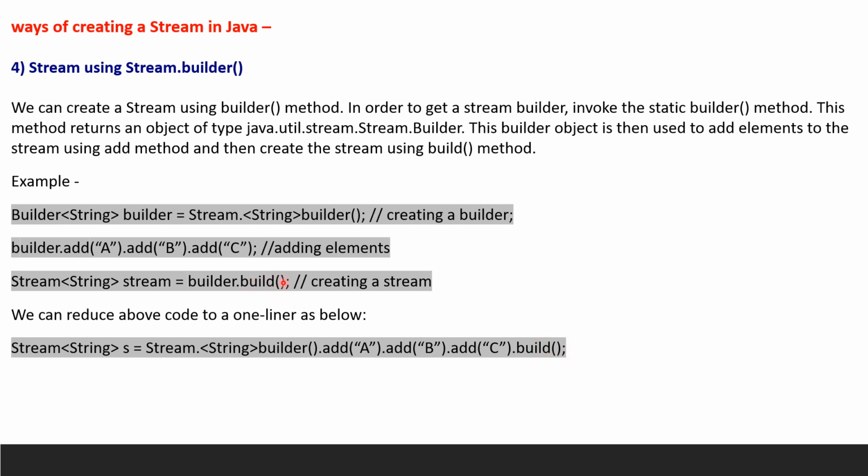This is what we did in those three lines: first creating a builder, then adding elements, then creating a stream. So these three lines are reduced to a single line.